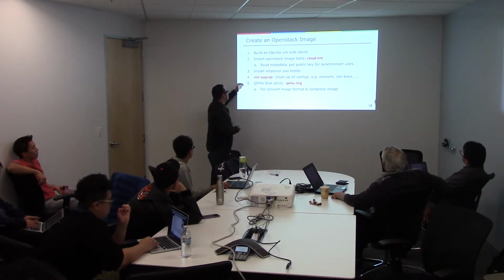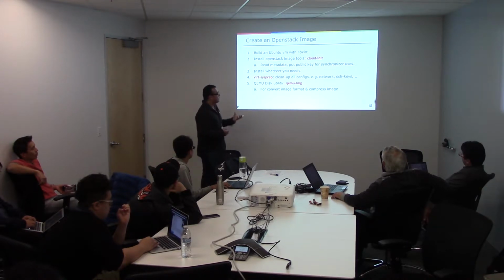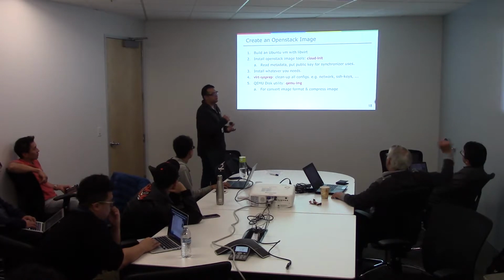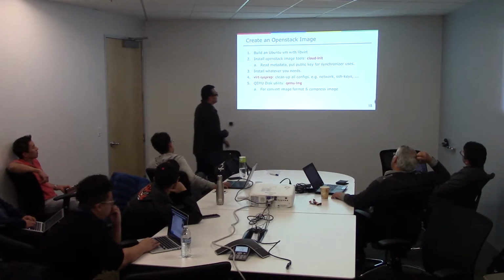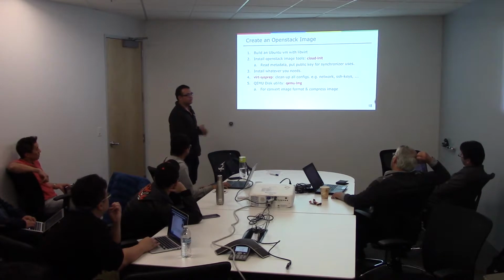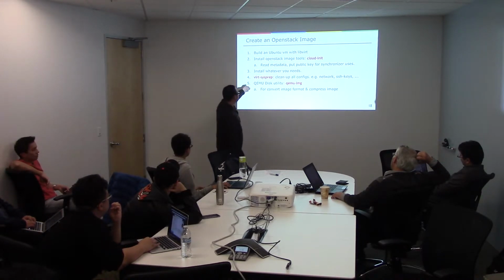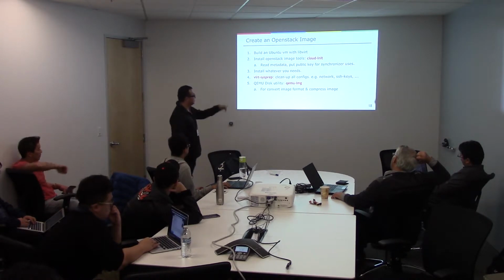And when you use OpenStack to bring the VM up, OpenStack will try to add more network configuration into it because OpenStack will need more network interfaces, right? But if you didn't clean up the old network configuration, you will have some conflict. Yeah. Then you should use this to convert the image format and compress the image.